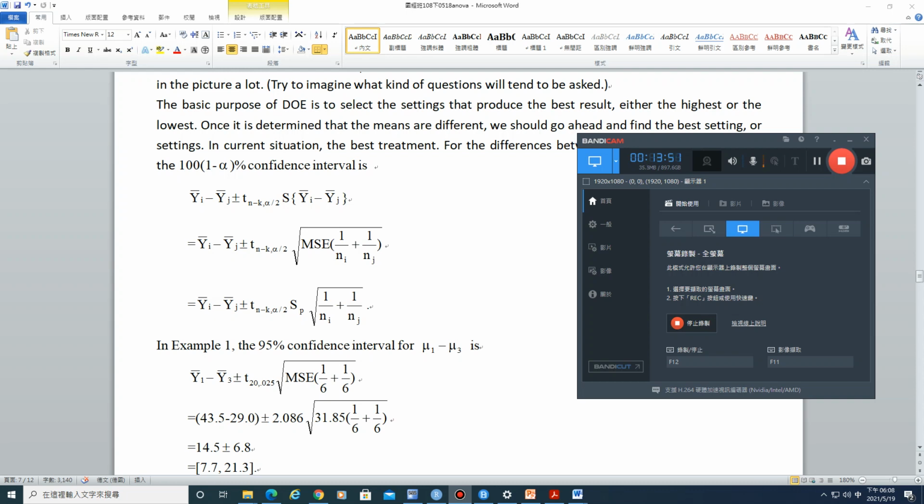When 0 is in the interval, we say that they are not significantly different. So eventually, this serves as a minimum significant difference, and we compare each difference to this number.